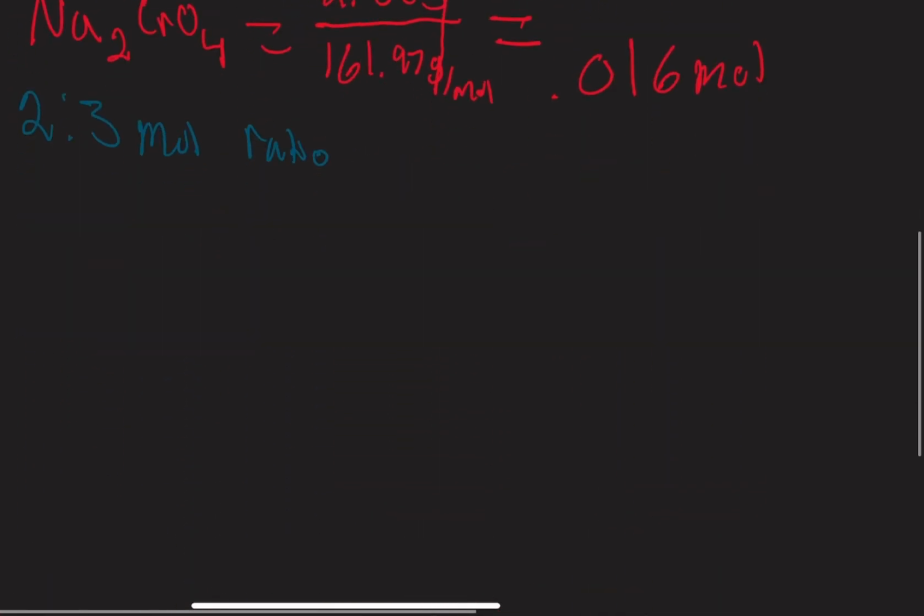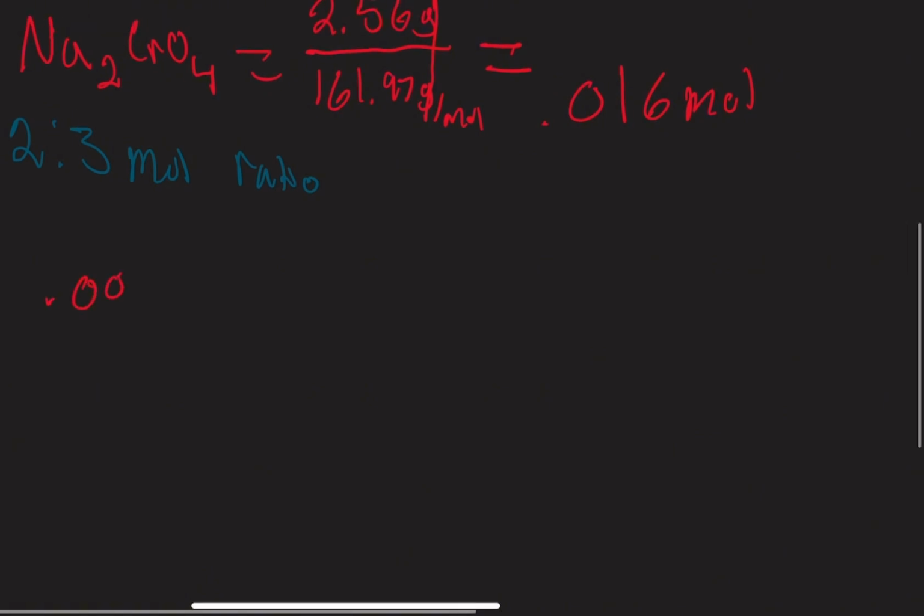Okay, so now we can do our multiplication with 0.009 moles times our 3 moles of sodium chromate over our 2 moles of aluminum nitrate.